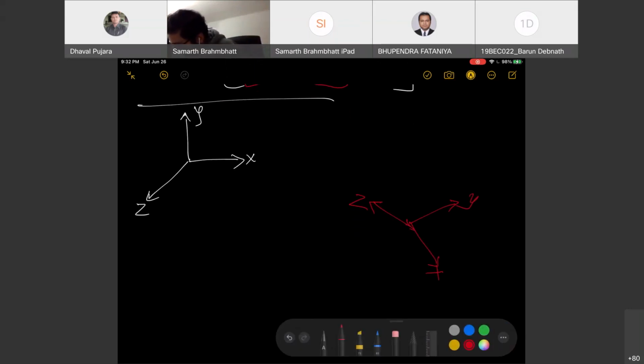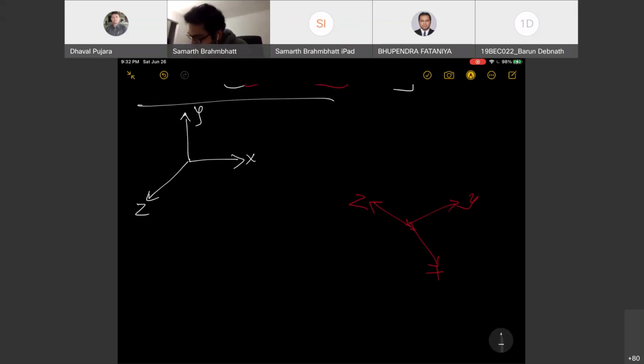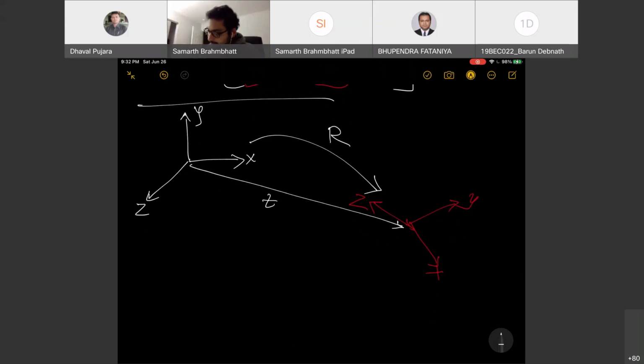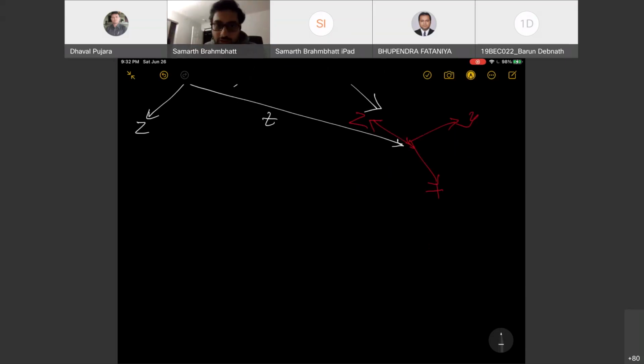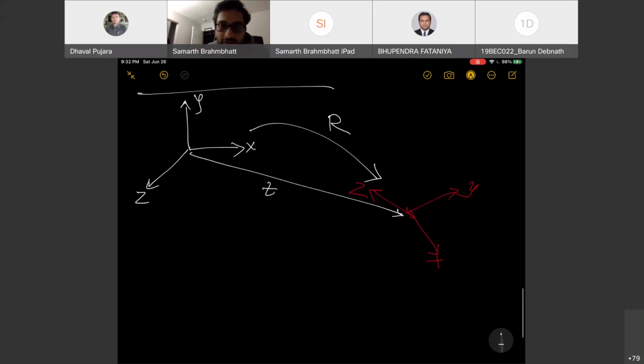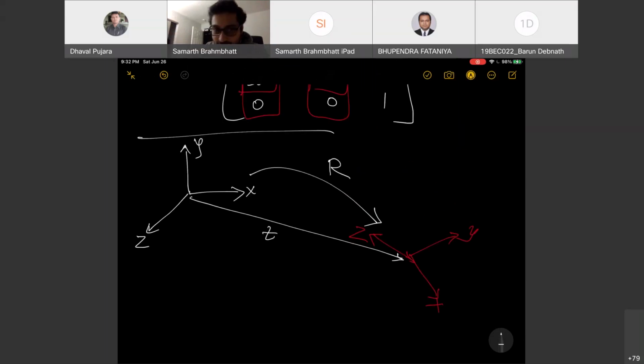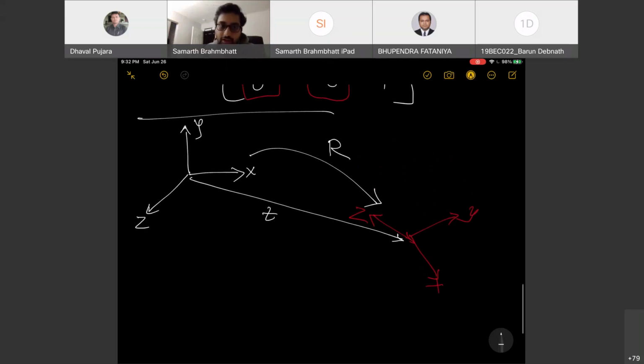As we saw, there is some kind of rotation between these two, and there is this translation between these two. So now I'm going to talk about how we can represent this transformation from this coordinate system to this other coordinate system.